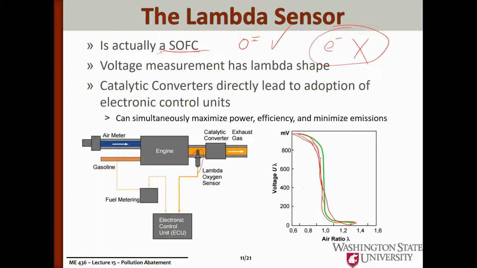You can see how it drops off very suddenly right at an air to fuel ratio of 1. And this is what we're trying to measure. We want to be somewhere in this region, and because it's so steep right around an air to fuel ratio of 1, we can actually quite precisely measure what the air to fuel ratio was, and that allows us to control the fuel injector.